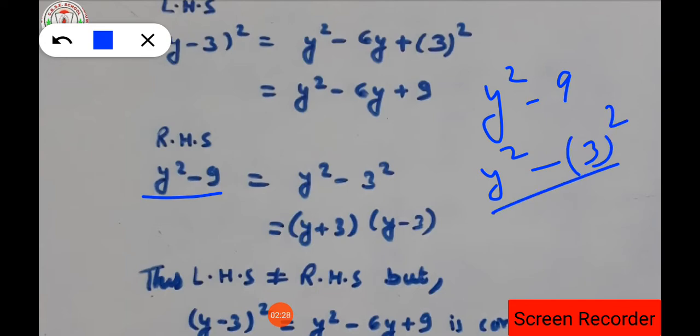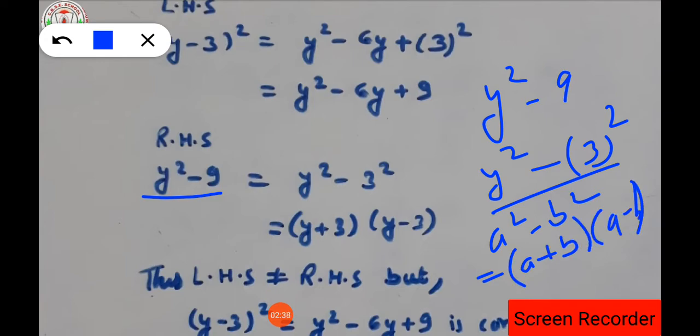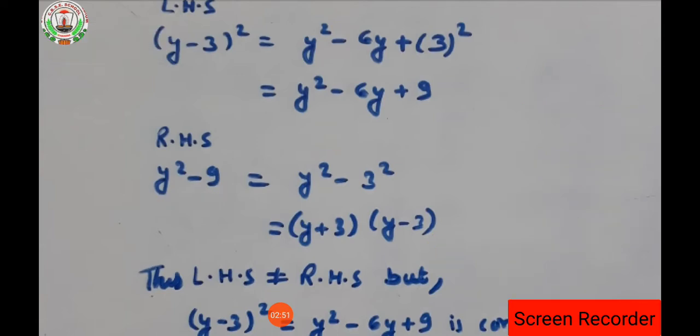So which identity is it? This is in the form of the identity a square minus b square is equals to a plus b into a minus b. This identity will be used here. So using this identity, we will get the answer as y plus 3 into y minus 3, since it is y square minus 3 square.